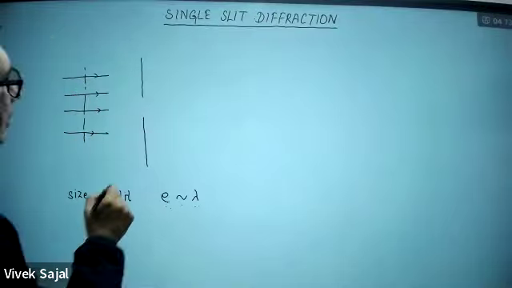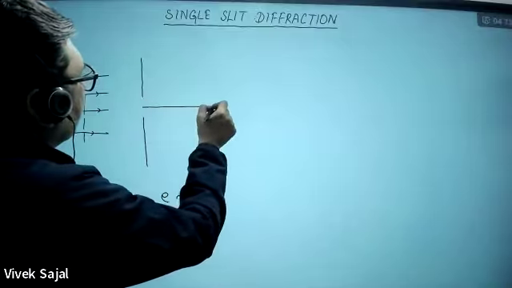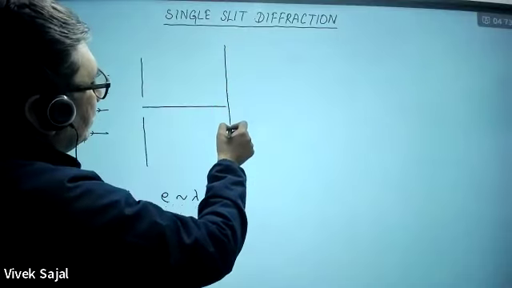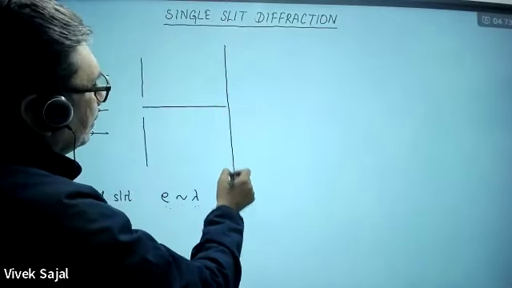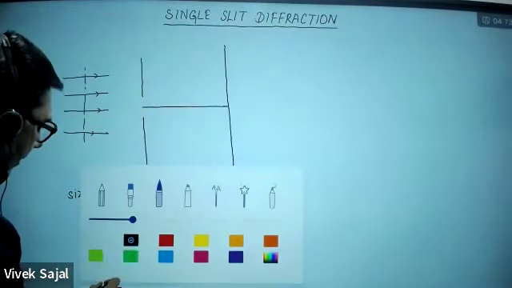is that the light after passing through this slit will enter into the region... try to understand here.